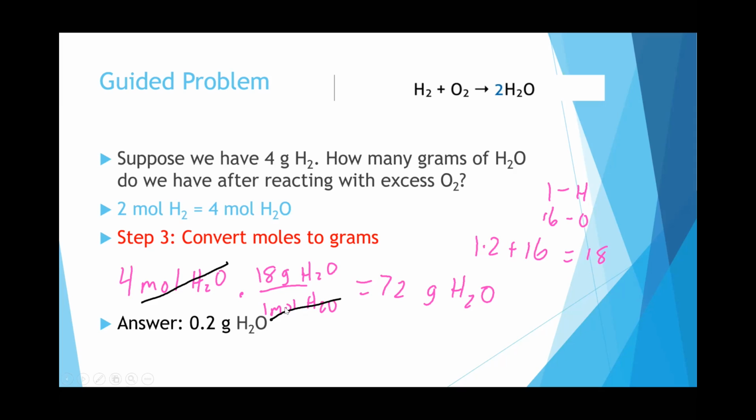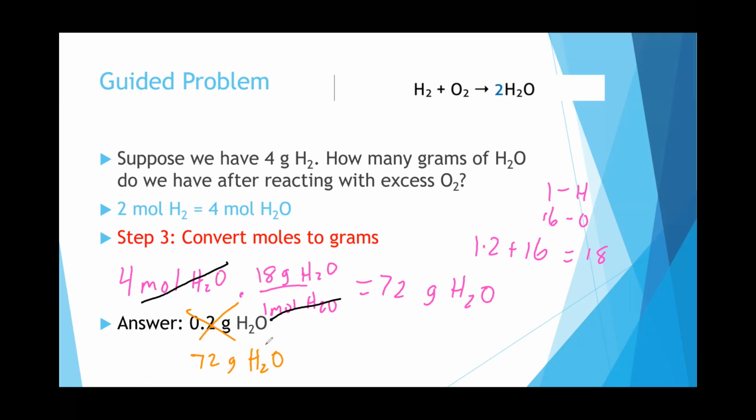I'm sorry about that. The answer key is wrong. You actually multiply by 18 and get 72. It is not 0.2. That's a mistake on my part. I'm sorry. So this is wrong. I'll change that before I post it. It's 72 grams of water.